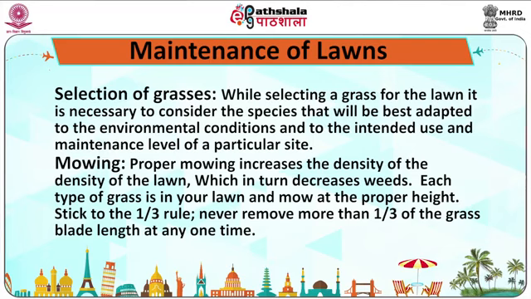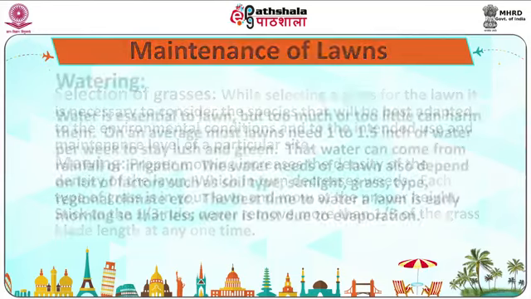Another important point is mowing. Proper mowing increases the density of the lawn, which in turn decreases weeds. Identify each type of grass in your lawn and mow at the proper height. Stick to the 1/3 rule. Never remove more than 1/3 of the grass blade's length at any one time.